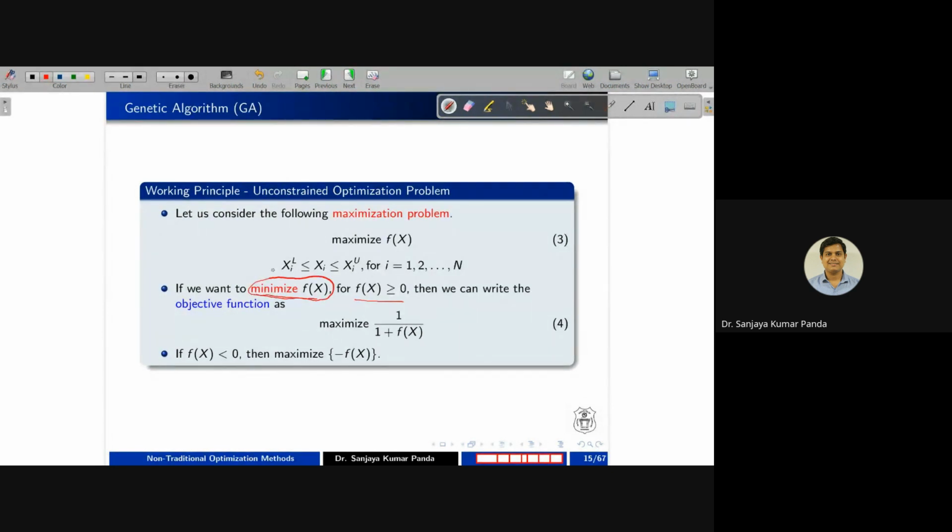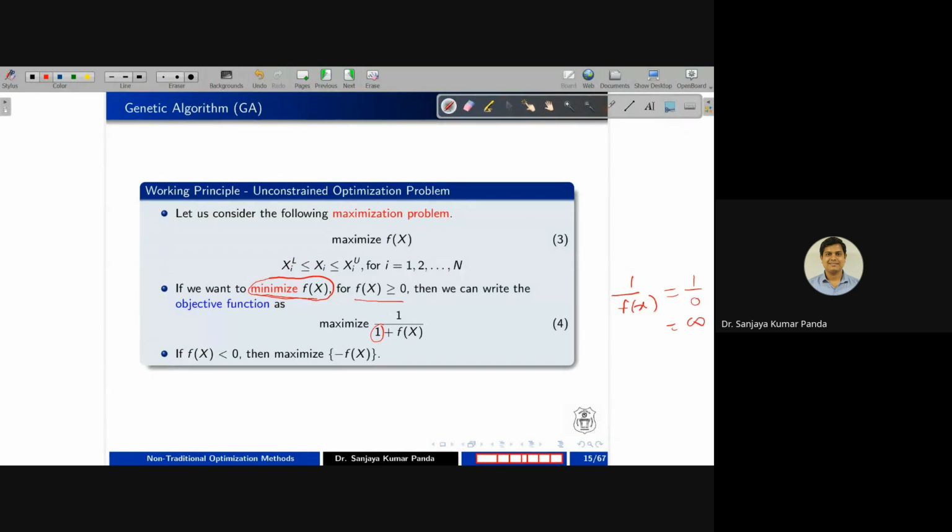Otherwise, if you want to convert it into a maximization problem, you can do it by 1 by f of x. But f of x value is greater than equal to 0, so the value may be 0 also. So 1 by 0 means it is again not defined, right? That's why we are adding a plus 1 in the denominator, right?